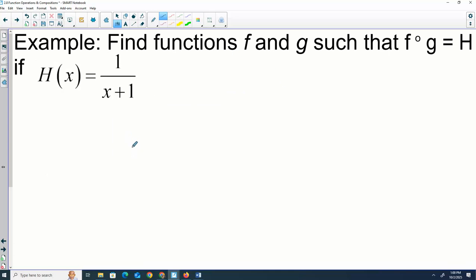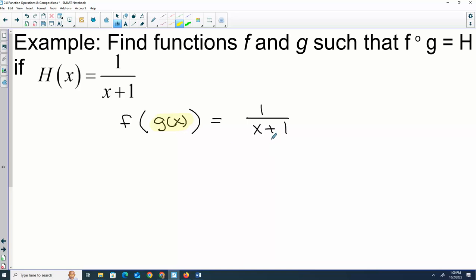Let's do this one. f composed with g, that means f of g of x equals 1 over x plus 1. g is the inside.